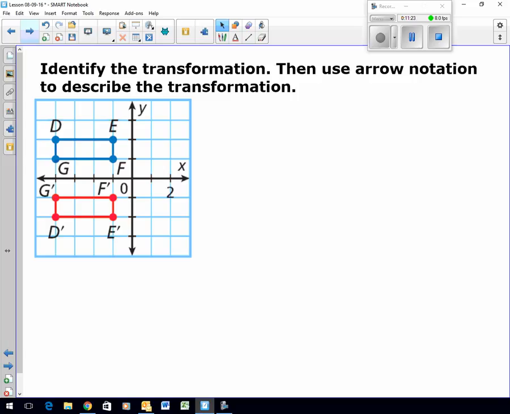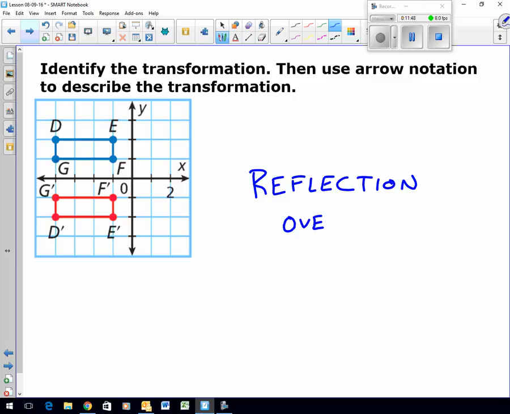Had this been DEFG, it would have done what? Translated or slid down, right? Everybody got me? This is a reflection over or about the X-axis. I think they'll always say over the X-axis for a reflection and about for a rotation.